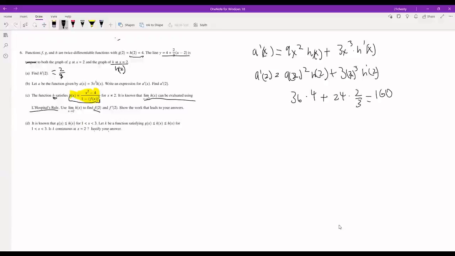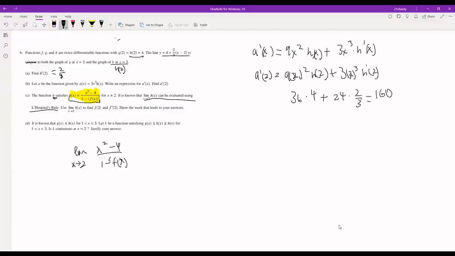It says that limit can be evaluated using L'Hopital's rule, which means that this limit must equal an indeterminate form.